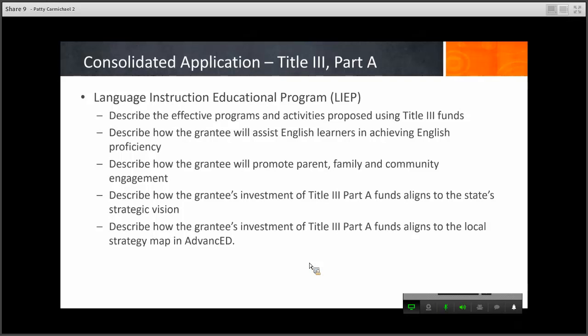Those are the last two bullets. The second to last bullet wants you to describe to us how your use of Title III funds will align to the state's strategic vision. And the last one has you describe how the use of funds aligns to your local strategy map in Advanced Ed.